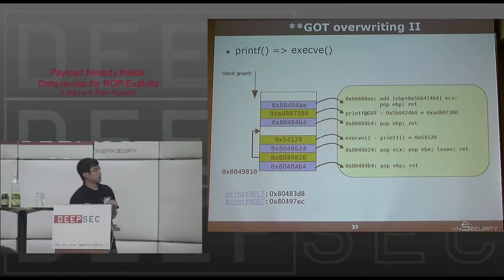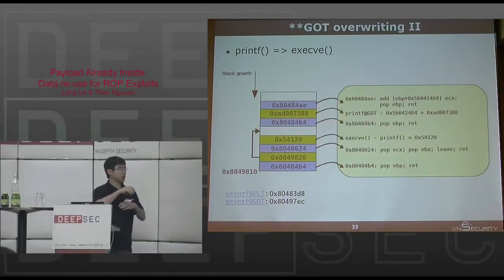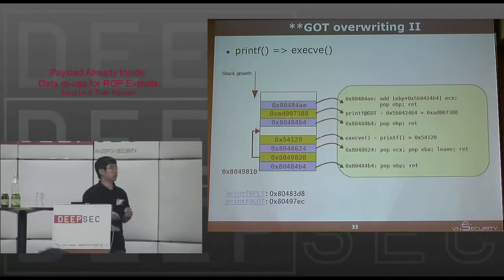The payload is maybe a bit hard to see, but this one is the address of the custom stack, which is in the data section. The benefit is you know the exact value, so you can fully control the stack. Let's say this one is the address which points to one of the ROP gadgets, pop EBP and ret, which means load the value into EBP.